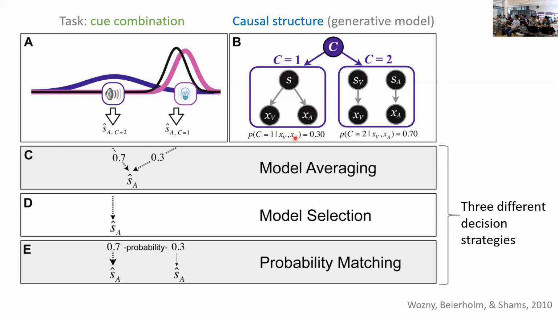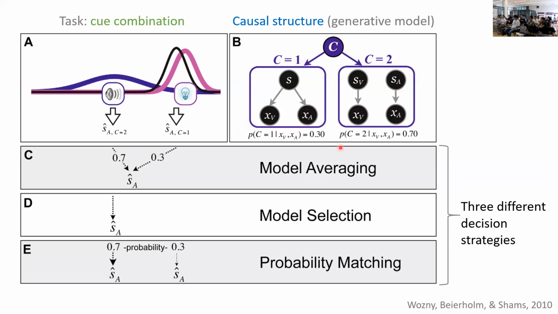So the left side is, suppose the sound and the visual image come from the same source. And the right side is the other probability: they come from separate sources. What the observer needs to do is, based on the stimuli they observe, infer the probabilities of these two possibilities.